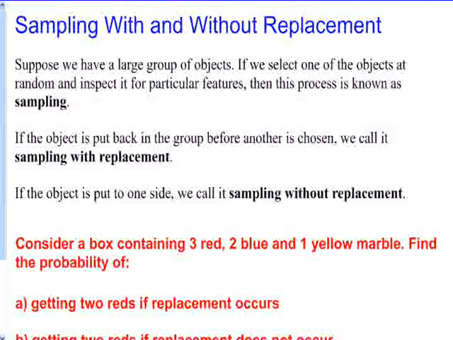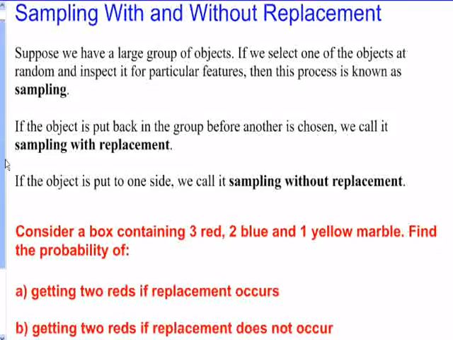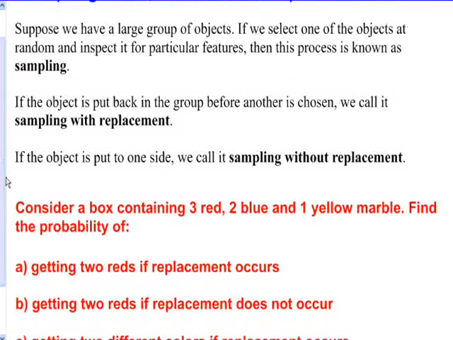So suppose that we have a large group of objects, and we select one of the objects at random and inspect it for particular features. This is known as sampling. Sampling is done a lot with DNA and with sampling of wildlife.